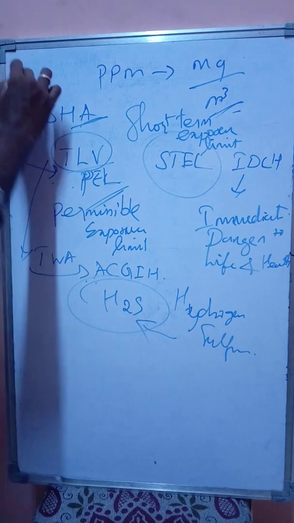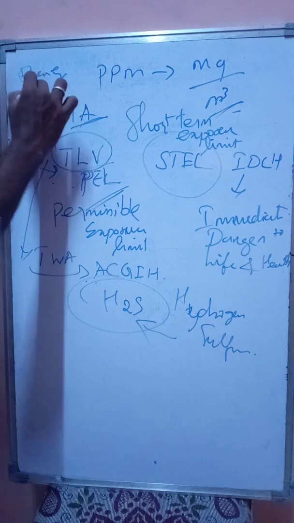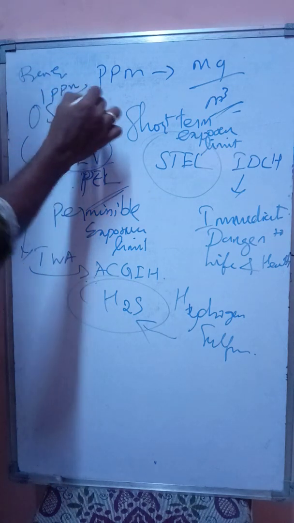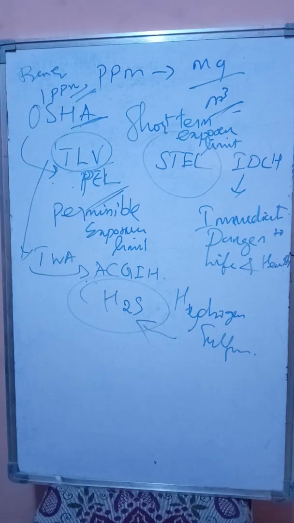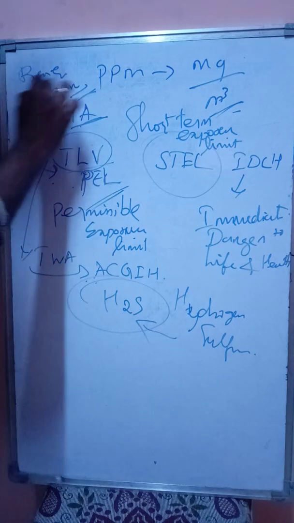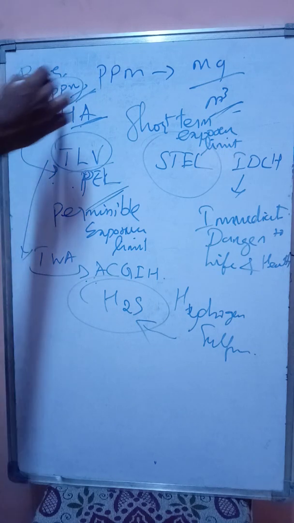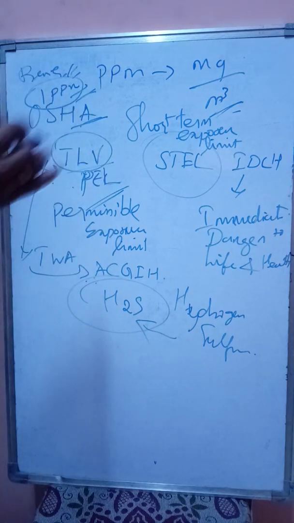Benzene has a 1 ppm PEL limit. That is the accumulated dose exposure. So for an 8-hour average, that 1 ppm can be in this environment, and a person can work for an 8-hour average.